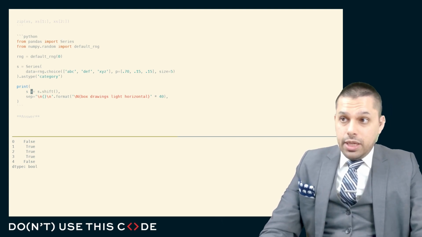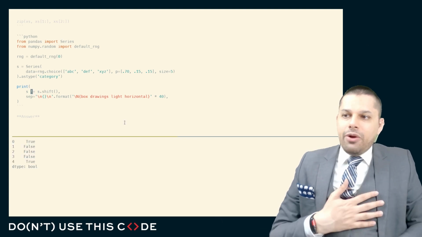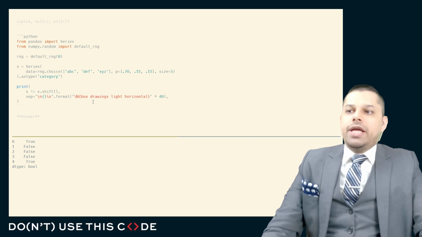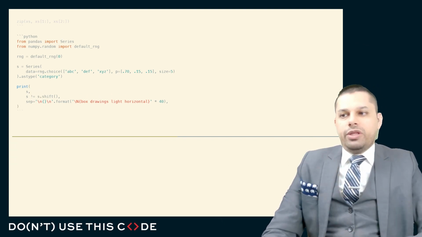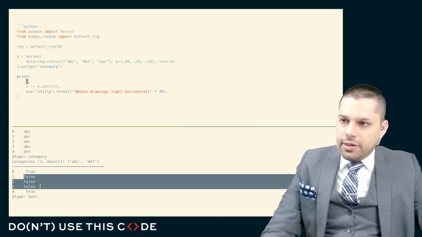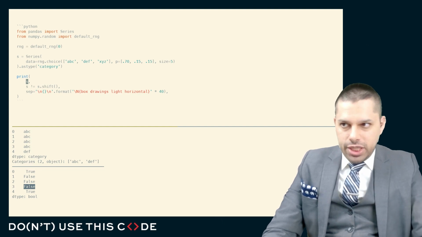Well, what we could do is identify where this changes. And you can see here we now get a False value every time the value is the same, and a True value any time the value is different, starting with, of course, a True value at the very beginning. So if we look at the data, you can see we get a bunch of False values where the value hasn't changed, and a True value every time the value does change.